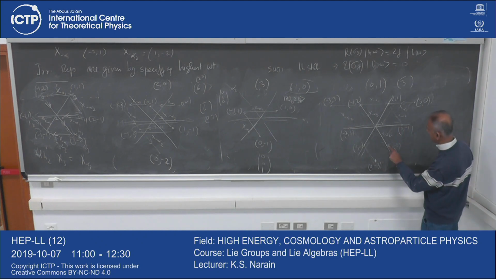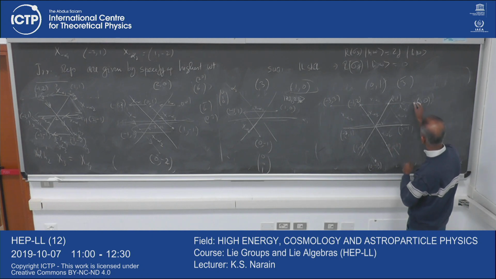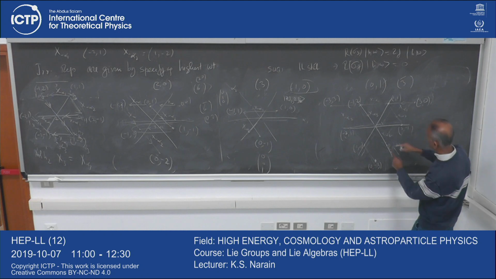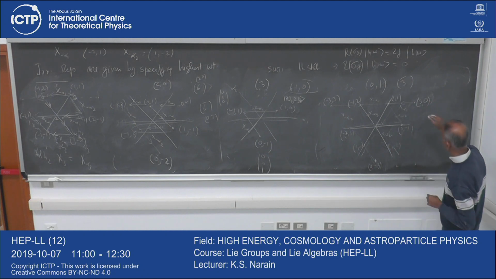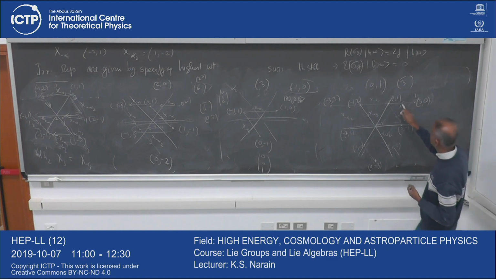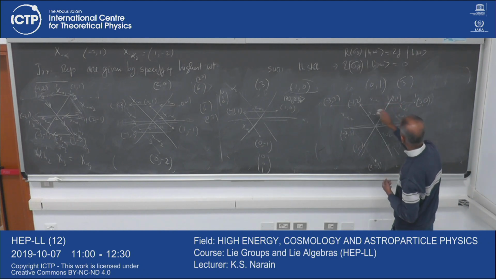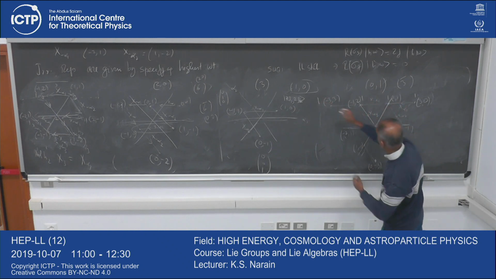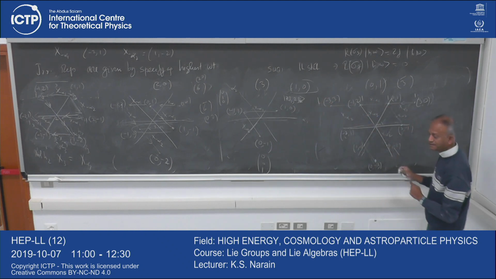And now here you see there are several ways. To get to this place, for example, here you see the multiplicities. Let's count the multiplicities where we know what multiplicity is. Here it is 1, right? There's only one way to get here. Here also there's one way to get here, so 1.